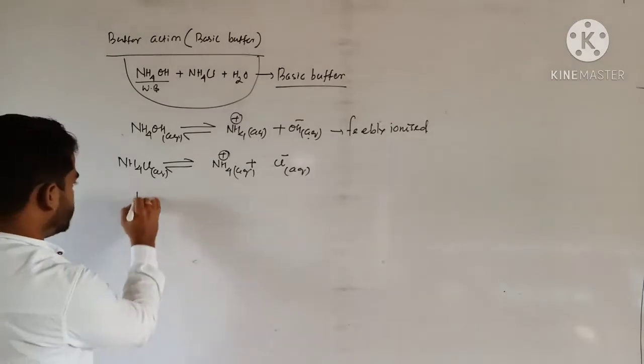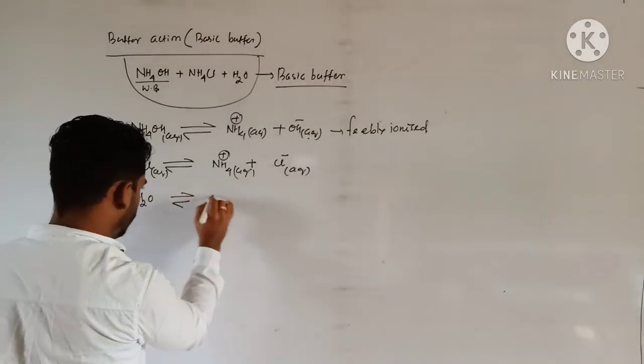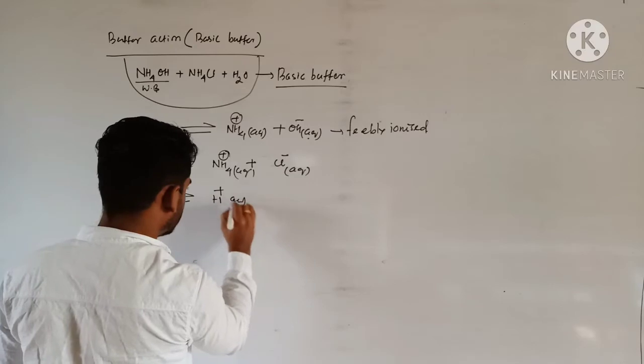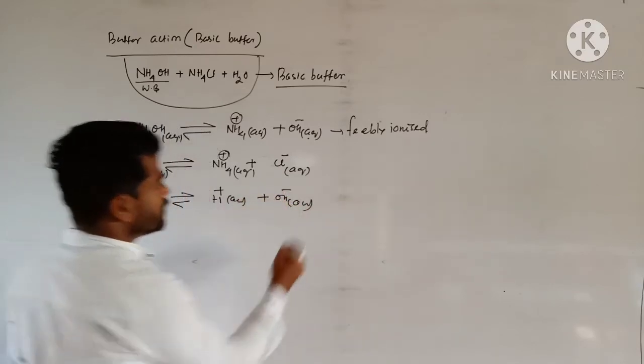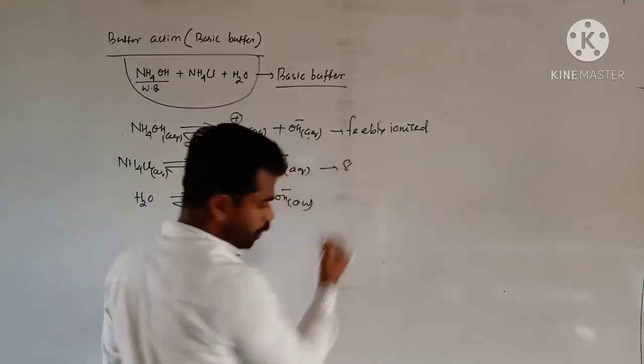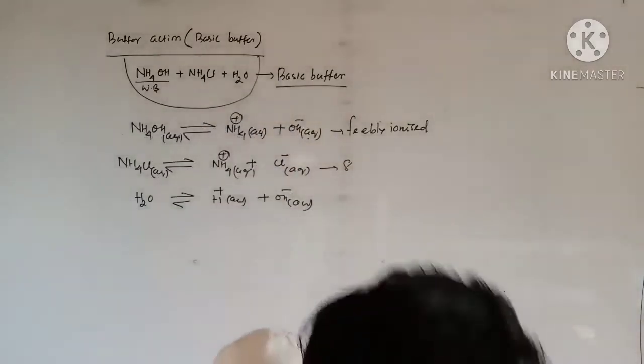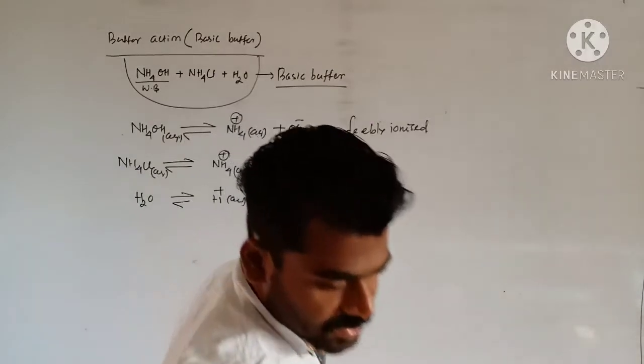This is strongly or completely ionized. And the third one, that is water itself, gets converted into H plus OH minus, which is feebly ionized.